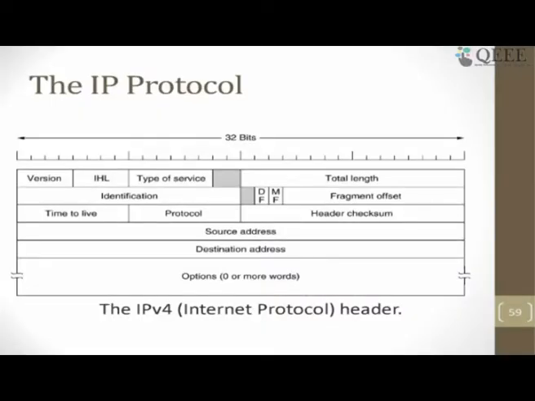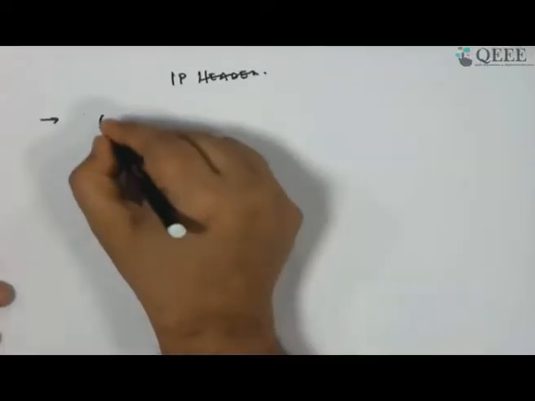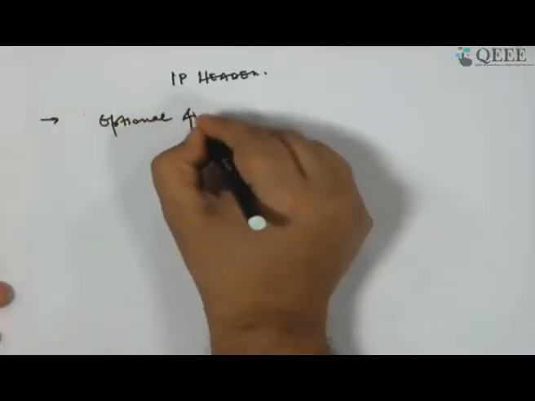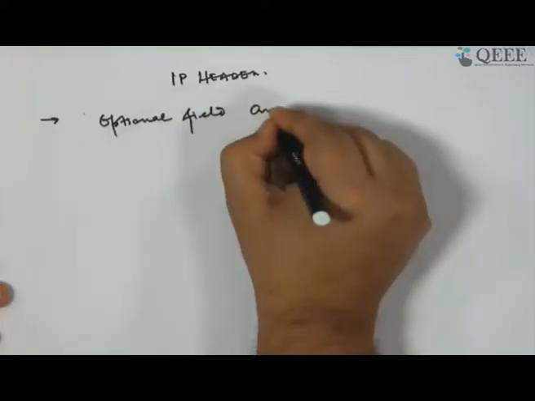If I look at the IP header, how does it look? The IP header has various fields, optional fields and compulsory fields.